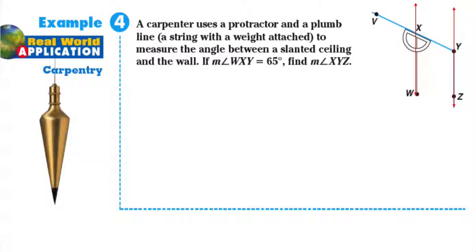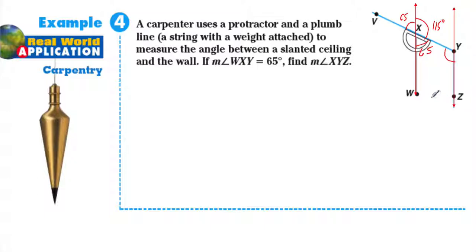So if this is 65 degrees, we know that this is also 65 degrees, and this is 115 degrees, because 115 and 65 give you 180 degrees. It's just asking for the measure of angle XYZ, which is this angle right here.